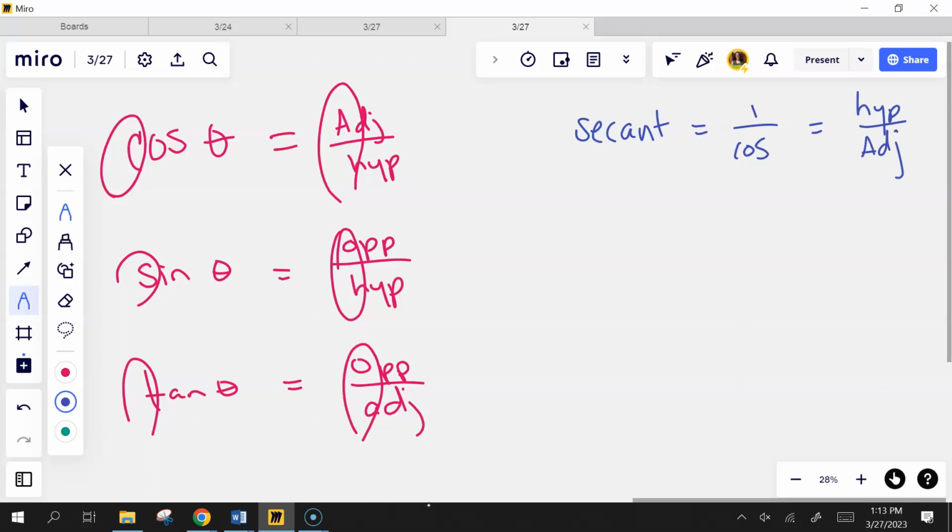Okay. Now, this is where it gets confusing, and you have to remember because you always want to put secant with sine because they both start with S. That's the opposite. Secant goes with cosine. It's the flip of cosine. Cosecant goes with sine. It's the flip of sine.